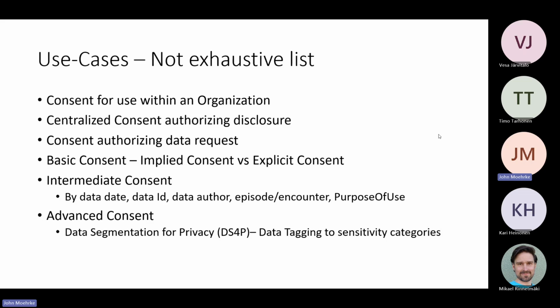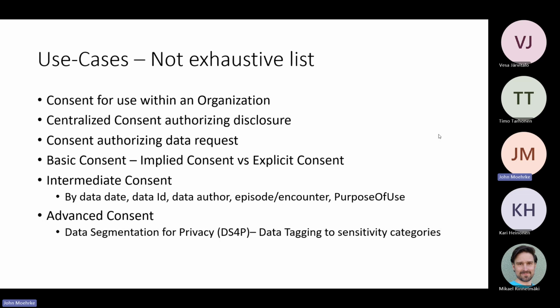The advanced consent is what many people think of when they think of sensitive topics. And this is like, well, okay, across all of your data, anything related to sexual abuse evidence. So it's up to some tagging service to find all of that data and tag it such that that data then can be restricted from access.